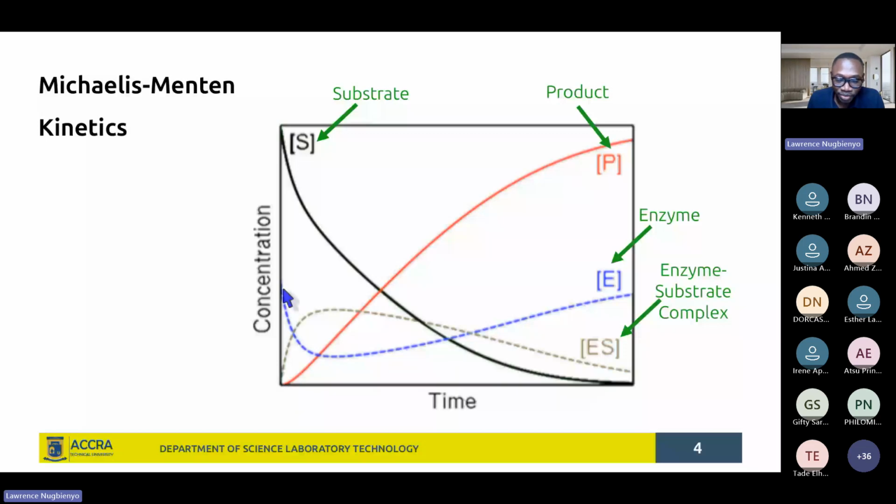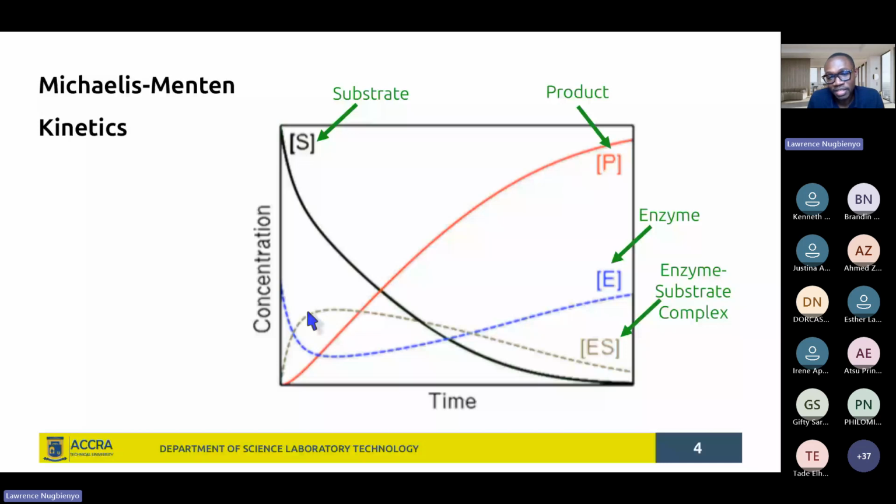Enzyme, you also have enzyme concentration of a certain level in the solution. And from the beginning, no enzyme substrate complex has formed yet. It is when the substrates bind with the enzyme that you begin to have the enzyme substrate complex being formed.